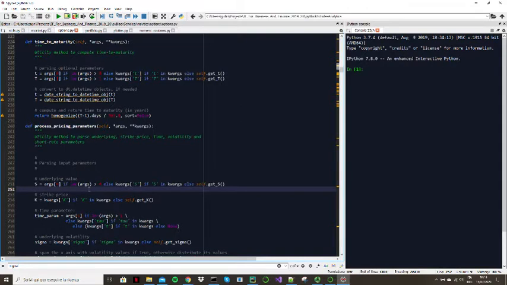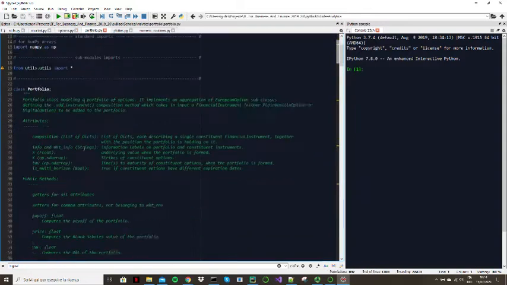The coordination of pricing parameters, so underlying value, strike price, underlying volatility and short rate, is mediated and organized, performed by this process pricing parameters method, which is basically called by all the public methods that perform operations. It's a utility method that coordinates parameters in input.